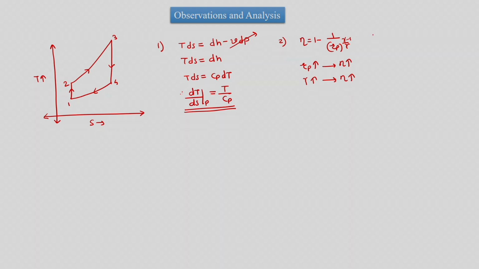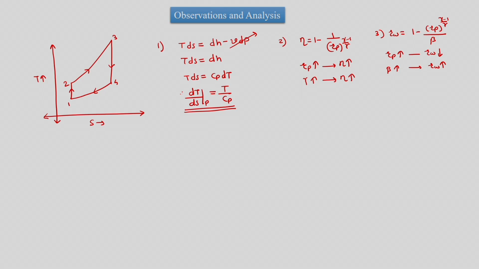From the formula for the work ratio, which was Rw is equal to 1 minus Rp raised to gamma minus 1 upon gamma divided by beta, we know that as the pressure ratio increases, work ratio decreases, and as beta increases, work ratio increases. So these are certain observations for the Brayton cycle.